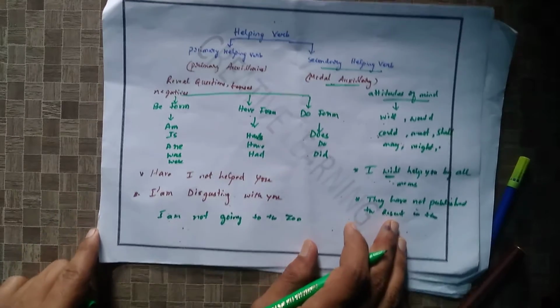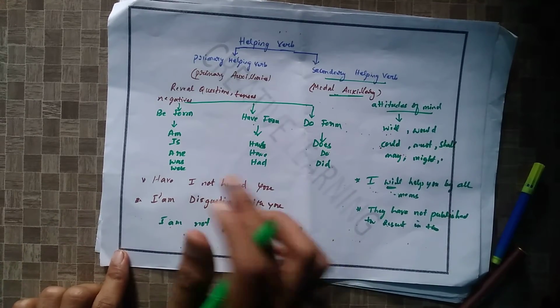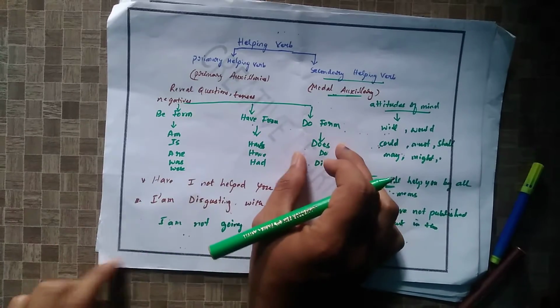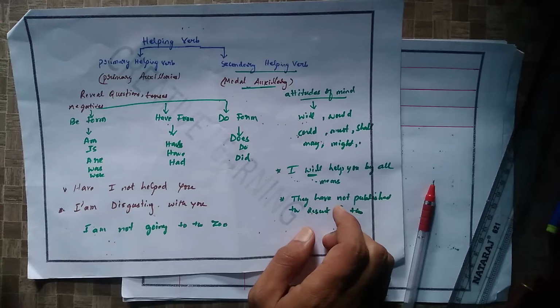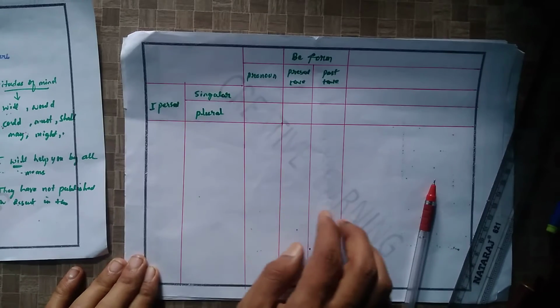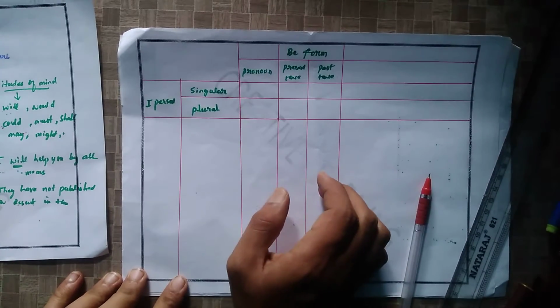Next, we discuss how to use first person, second person, third person, singular and plural, of be form, have form, do form. For be form, we draw a column like this in order to understand the further concept about the main verbs or auxiliary verbs.